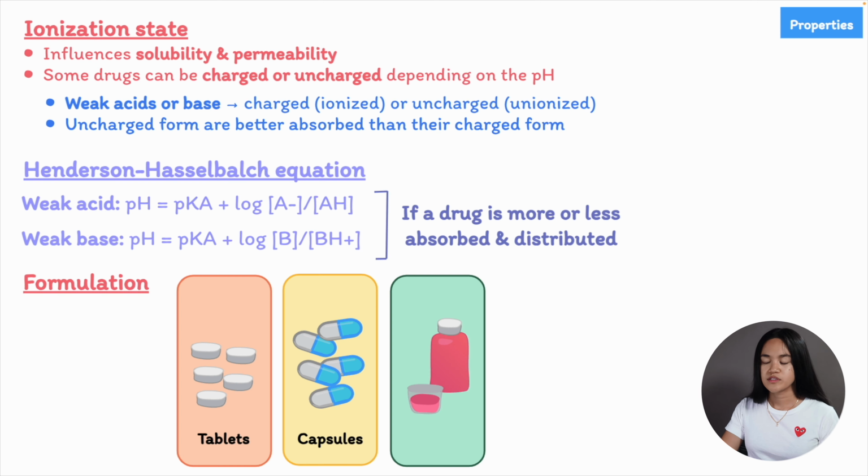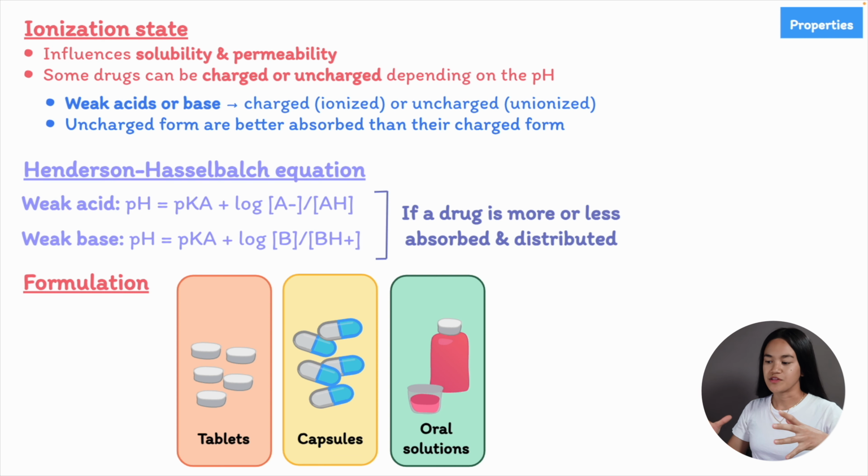There's also liquids. They are often absorbed more rapidly than solids because they don't need to disintegrate. This is suitable for patients with difficulty swallowing solid forms, but food or other GI tract factors can have an impact on them. Okay, so the formulation will influence the kinetics of absorption.